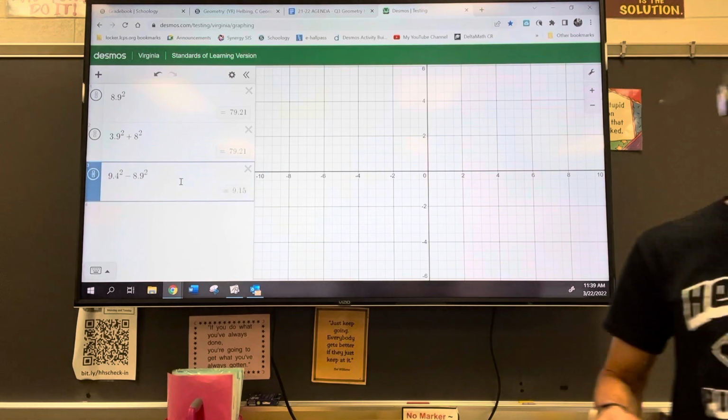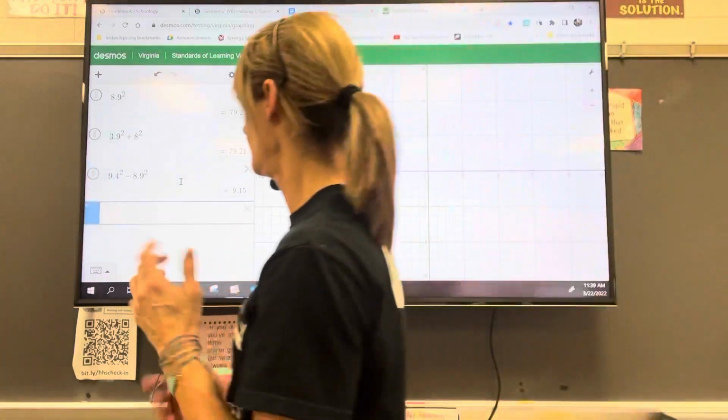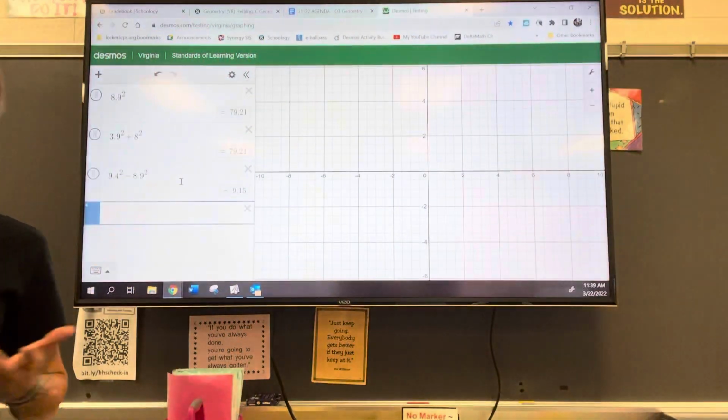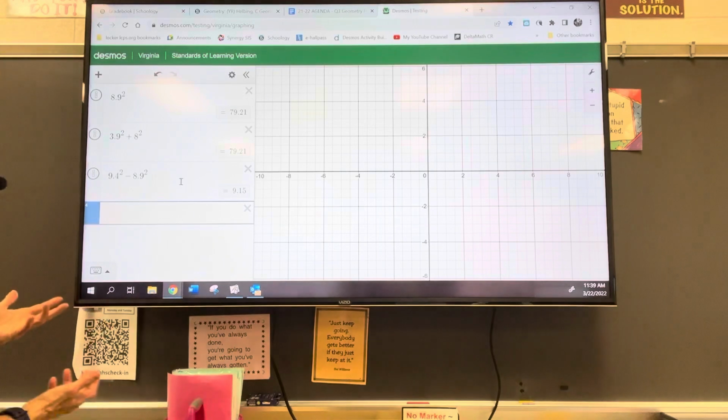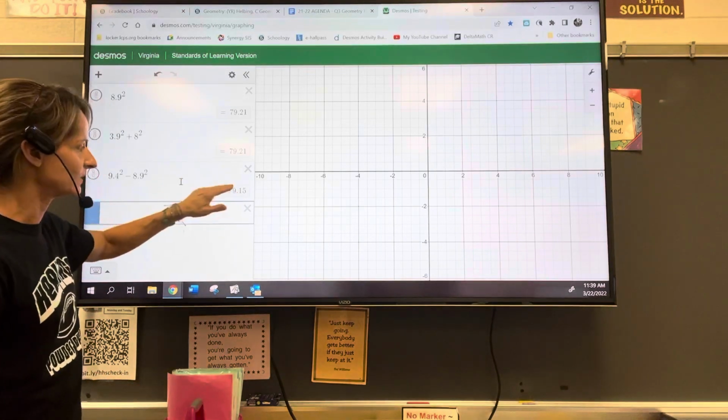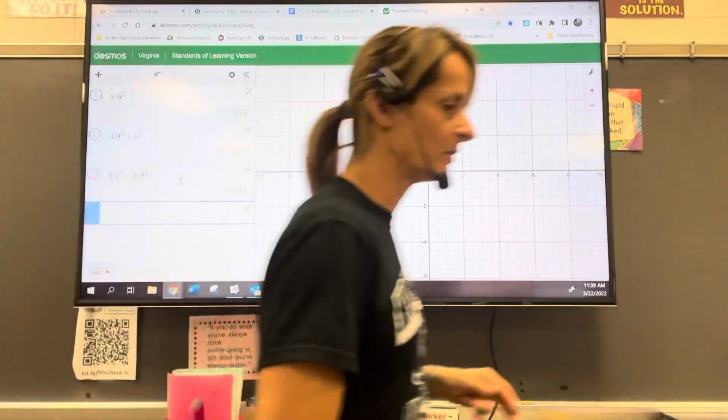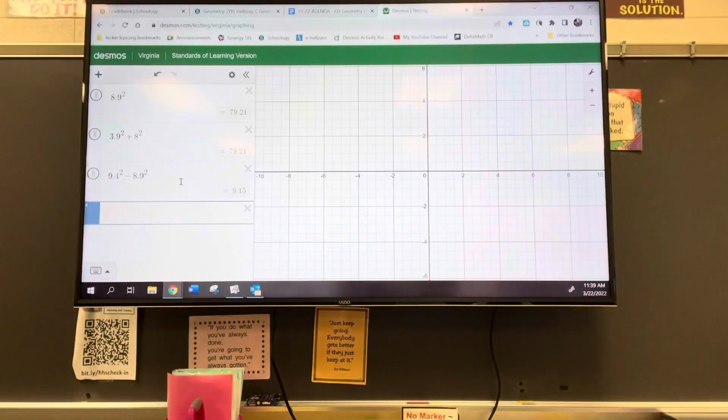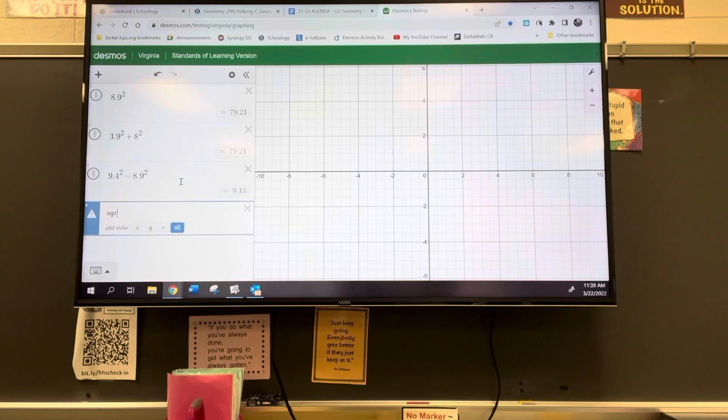Okay, that is b squared or a squared, whatever I had unknown there. This is squared, so I have to take the square root of that number.